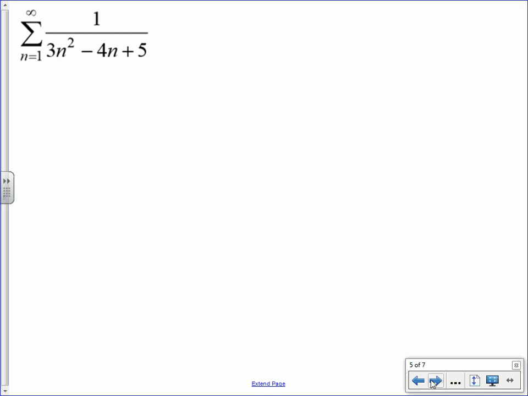So instead, we can still compare it to 1 over n², and we choose that because the highest power is n to the second in our denominator.